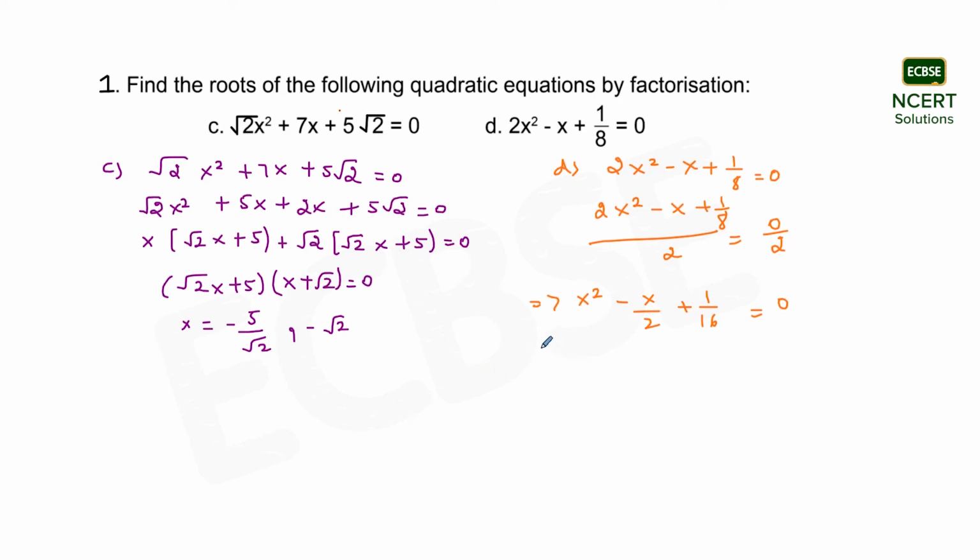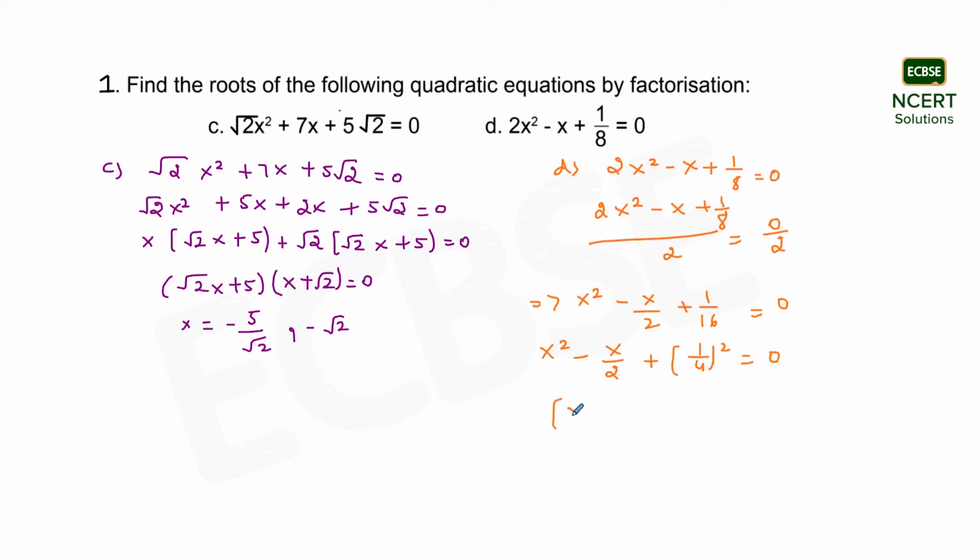So applying the identity, first let me write this equation in that form. Here I'll be writing 1 by 16 as (1 by 4) whole square, which is equal to 0.